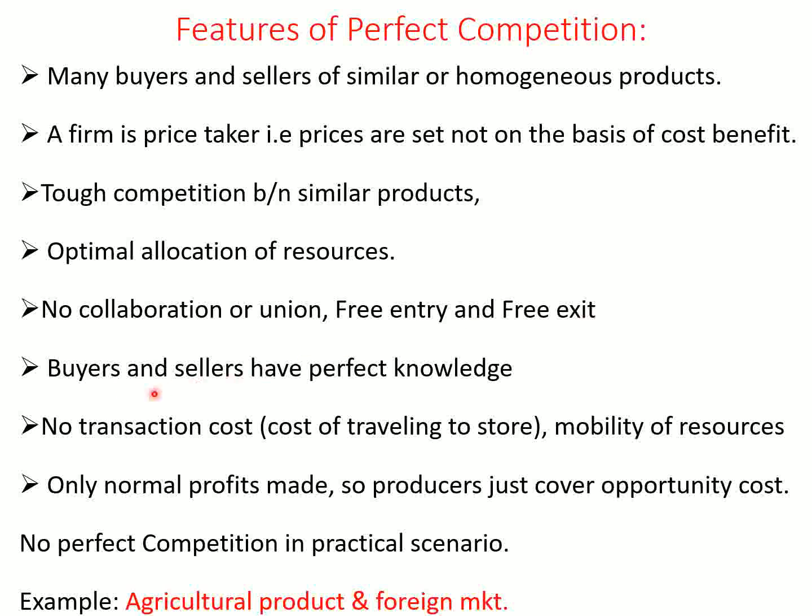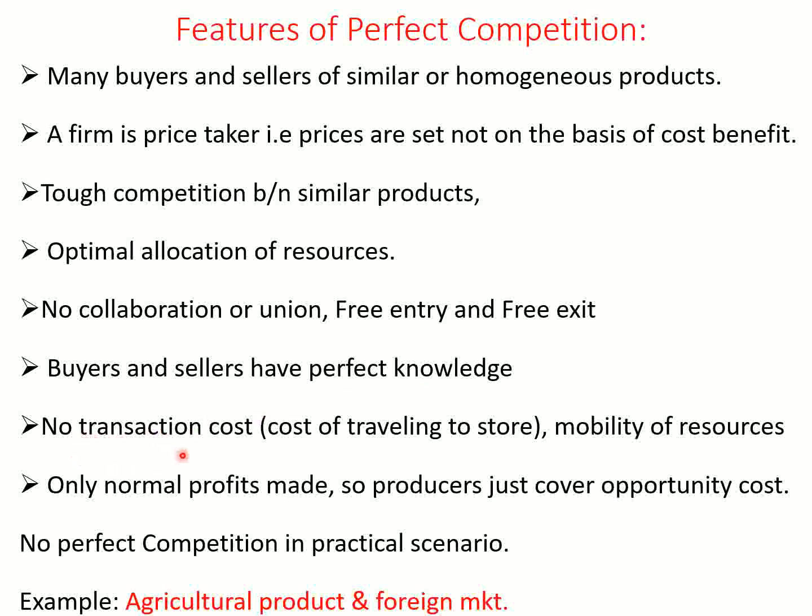And the next is that buyers and sellers have perfect knowledge about the quality of the product and the price of the product. All is clear and known. The information is clear. And there are no transaction costs.